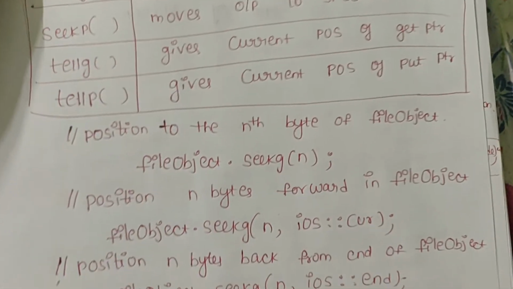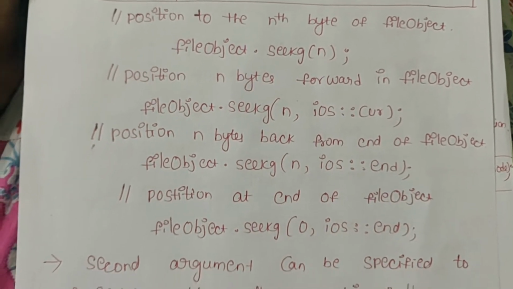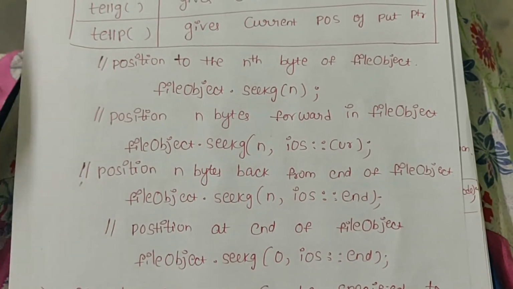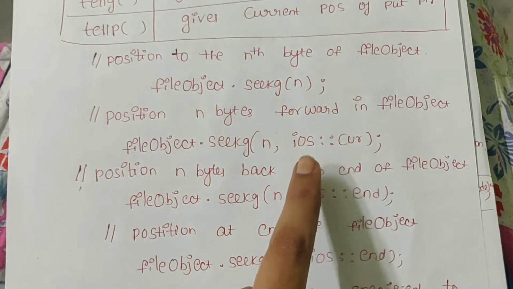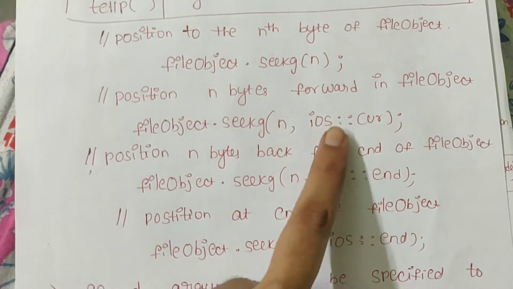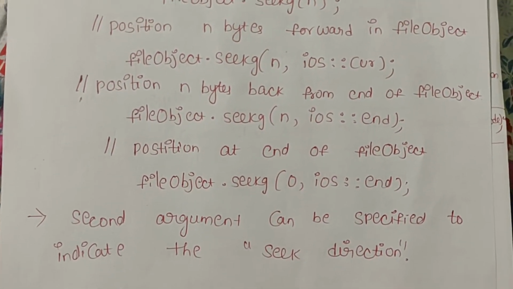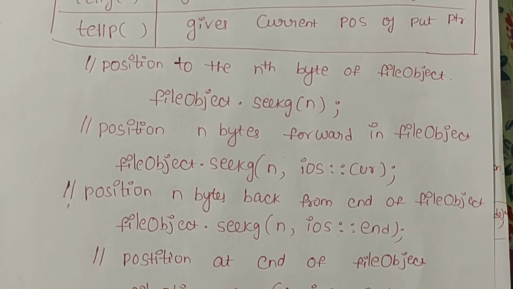Before going to this statement, first let me see the second argument. Here we have taken only one argument, but here I am taking two arguments. The second argument can be specified to indicate the direction.